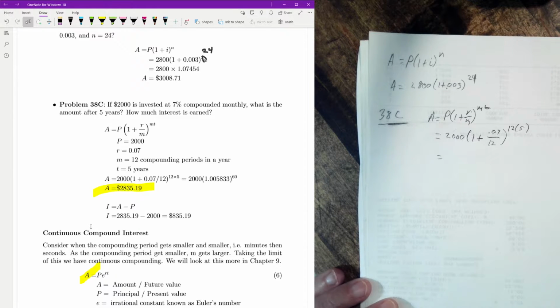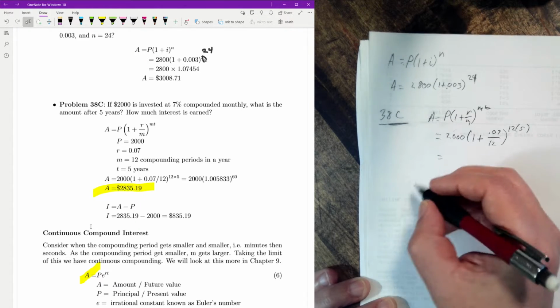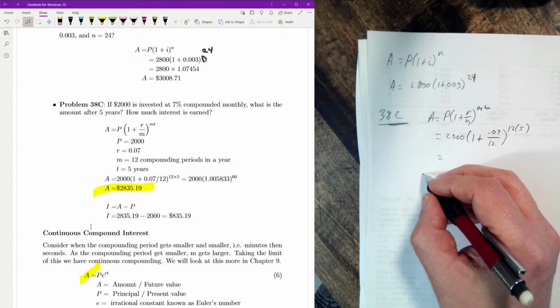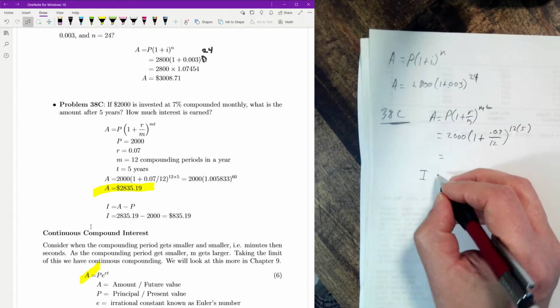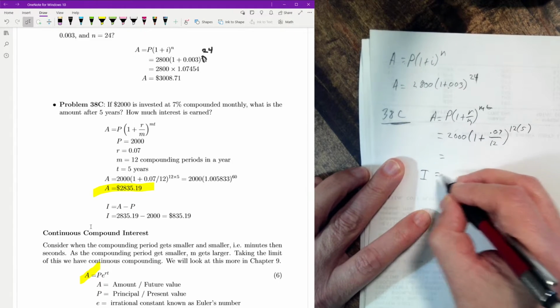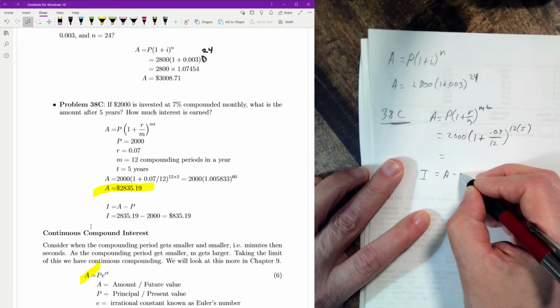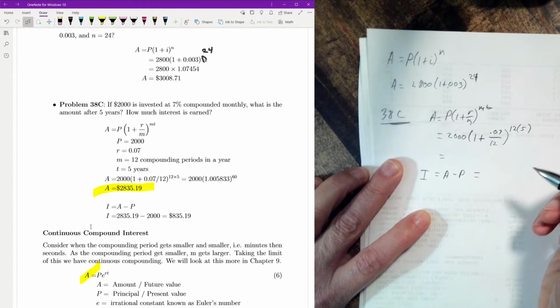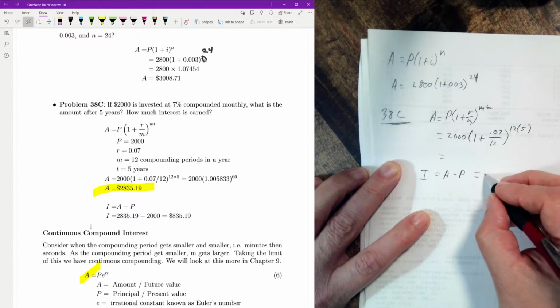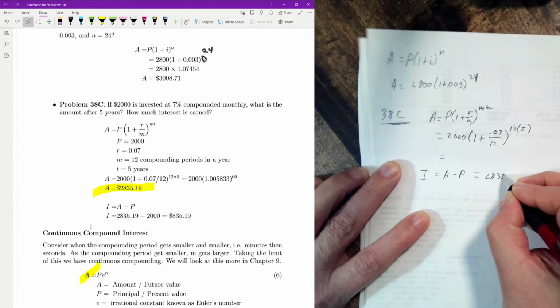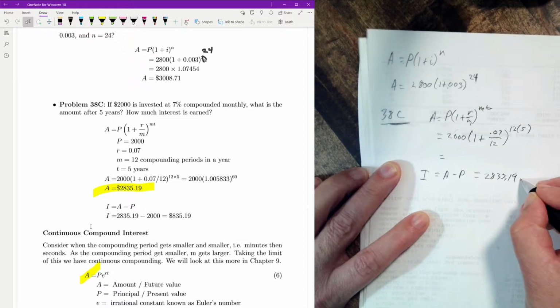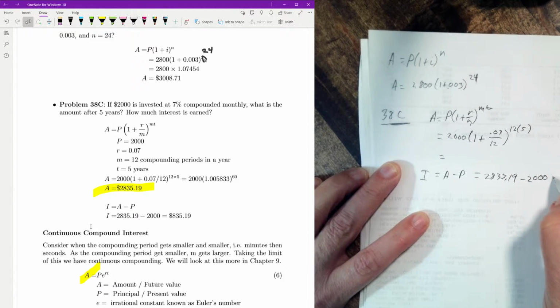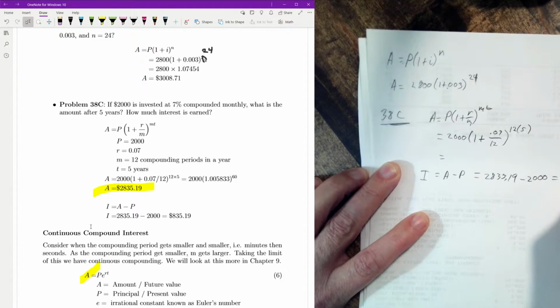Then the question is, how much interest is earned? Well, the interest is the amount minus the principal. That's how much interest was earned. Again, a fairly straightforward calculation. So 2835.19 minus 2,000 gives us $835.19.